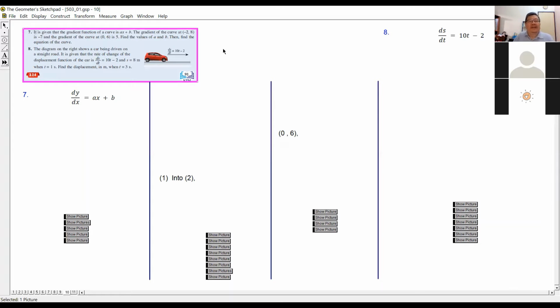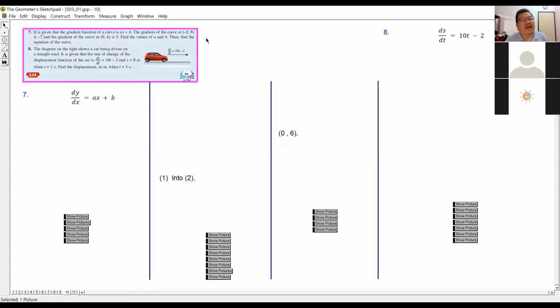Now which set of values do I want to use first? The first set of values or the second set of values? Which one should you use first? Second. You are given two sets of values.